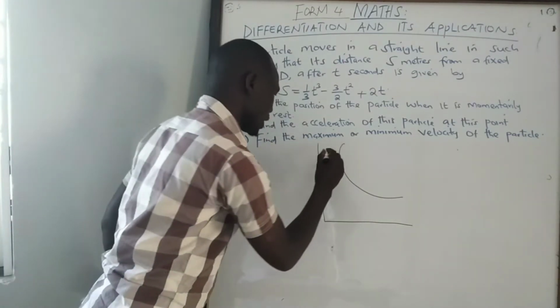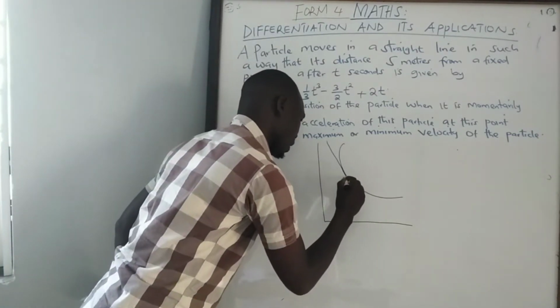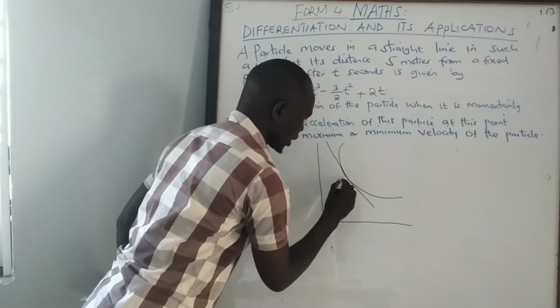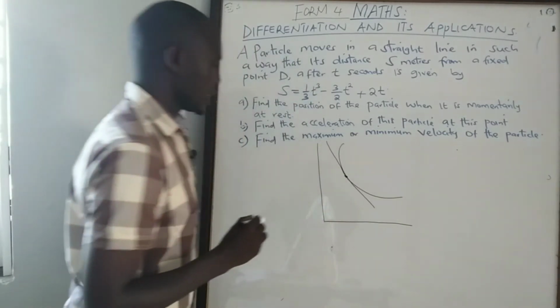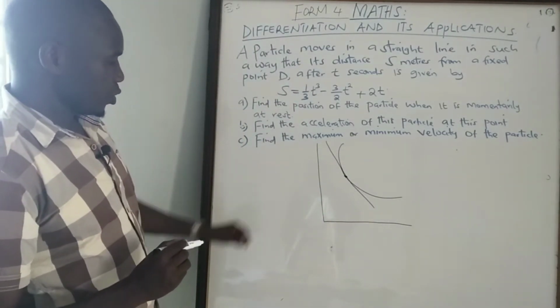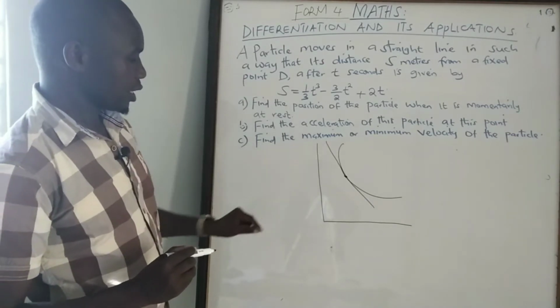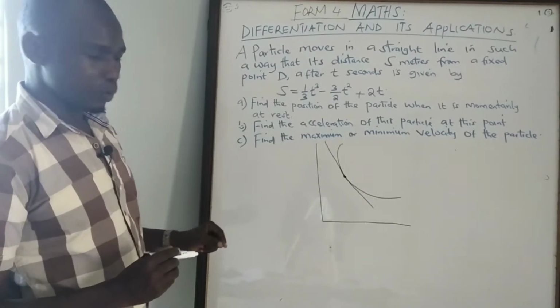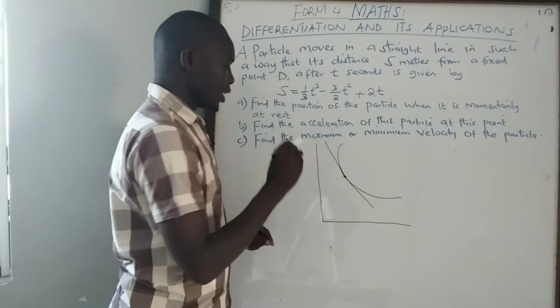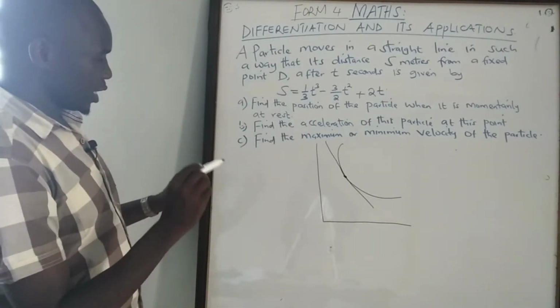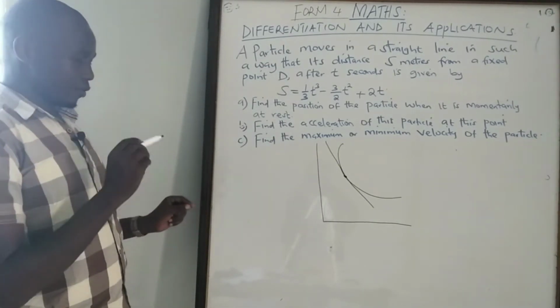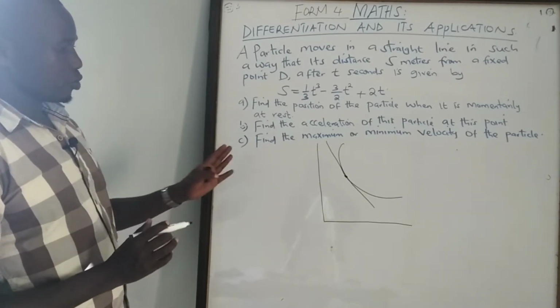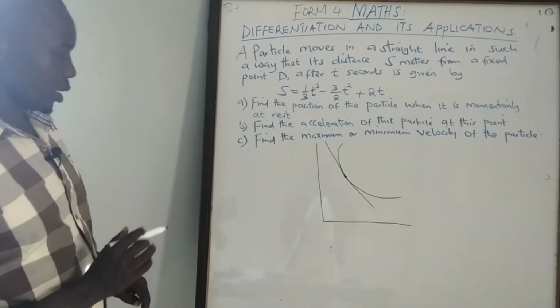A tangent is a line that touches the curve at one point. Using the normal way, you would draw as many tangents as possible, get their gradients, and add them.